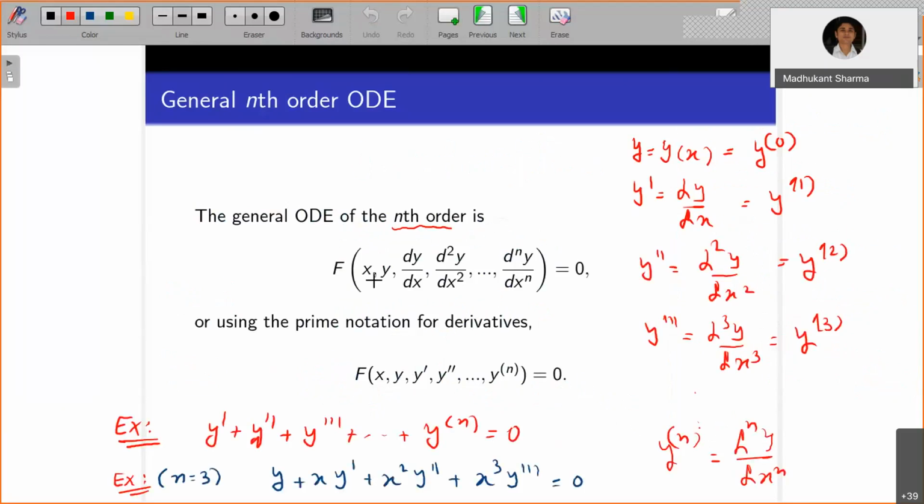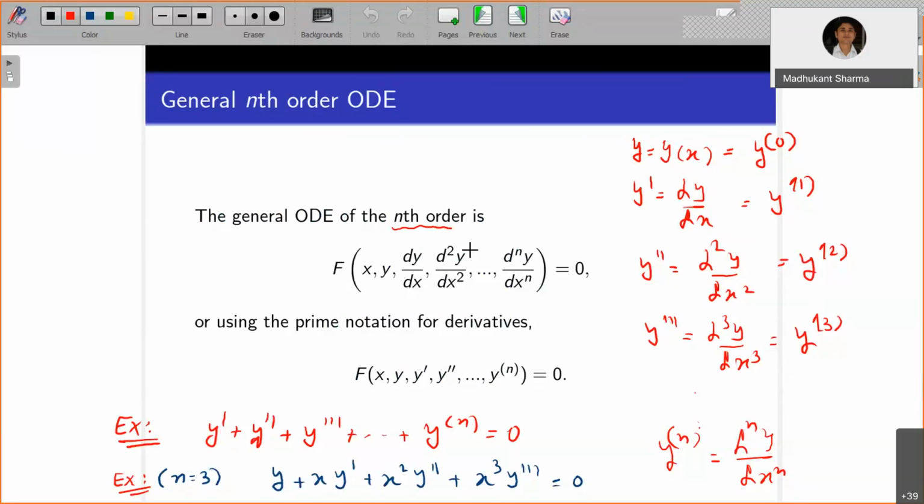If you equate them to 0 and take any linear combination, then we will say it's the nth order, provided some conditions. So at present, you have not seen any unexpected thing.